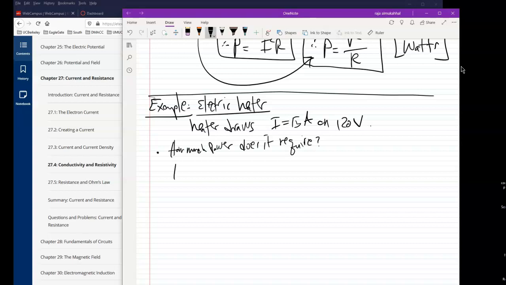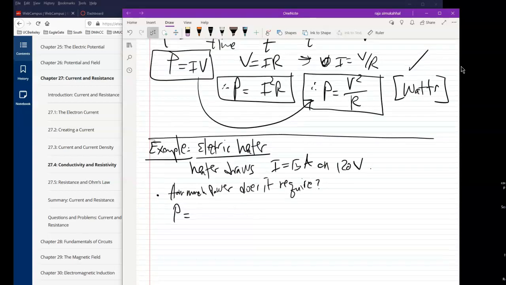How much power does it require? Well, we know that power, let's pick one of those that we have in here. Which one? We are given V and we are given I. So I'm going to go with this one. Is that okay? So power is equal to IV. So it's 15 times 120, and that would give me 1,800 watt.